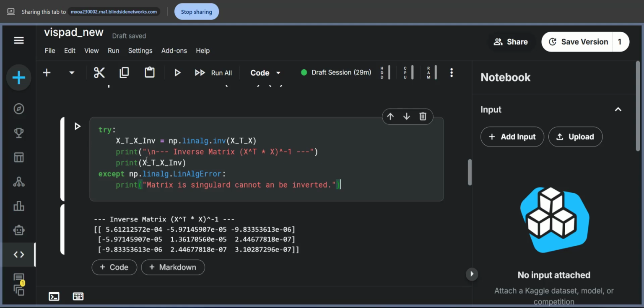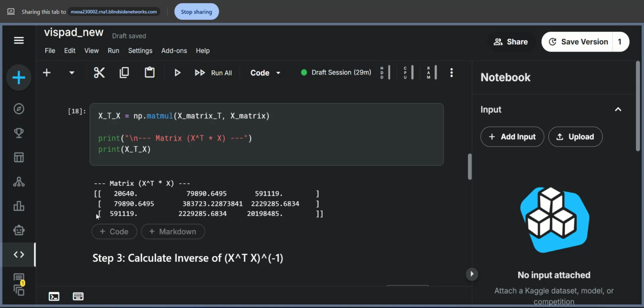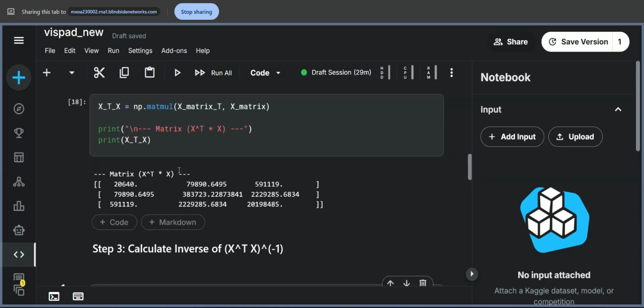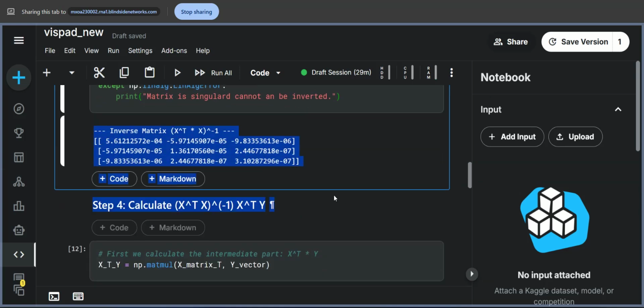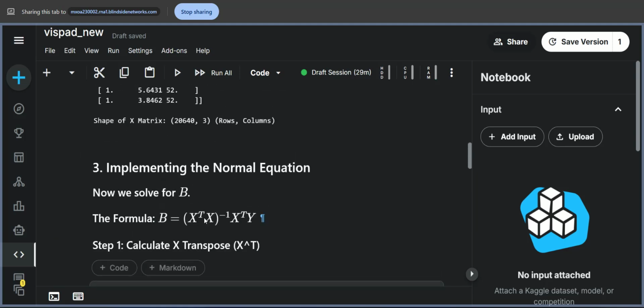So we find the inverse of the matrix. This square matrix that we had, we found the inverse and we got this value. So now we have our XTX inverse already, and then we are going to find XTY.